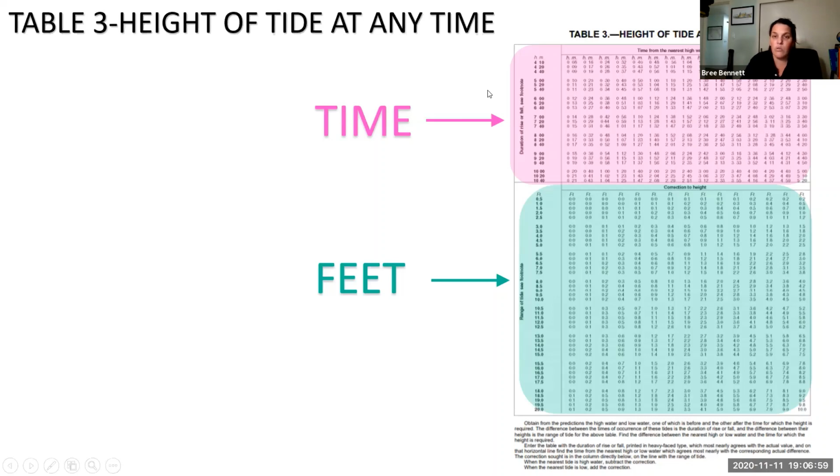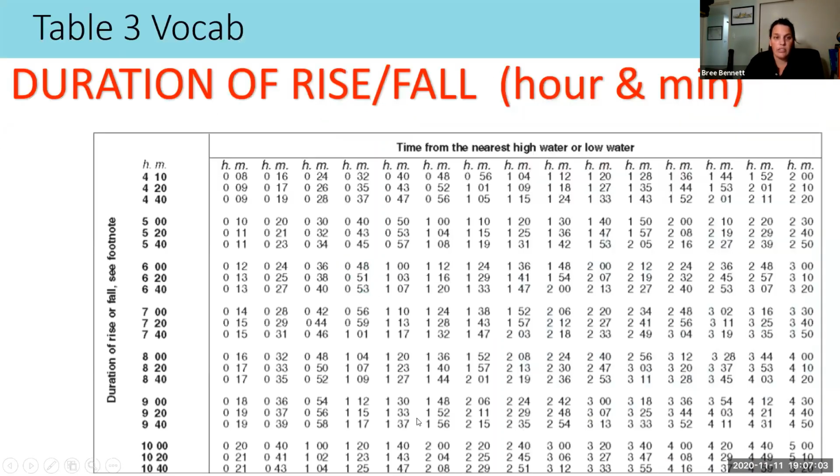So when we look at our time, this is a zoomed in picture of the top half. We have the duration of rise and fall. That is, how long will it take the tide to go from that low water to that high water? What is the whole time range?